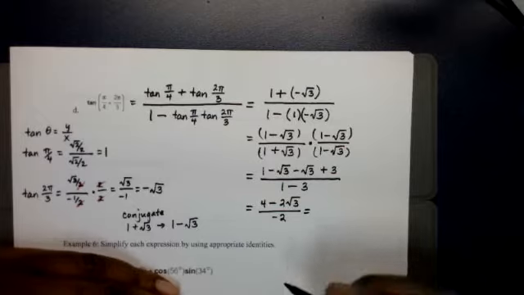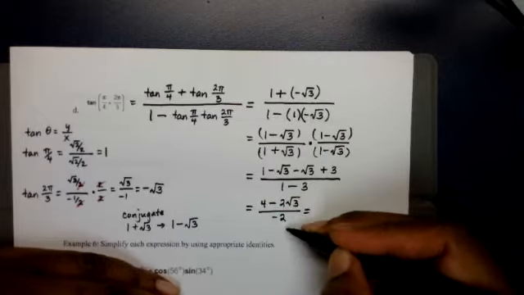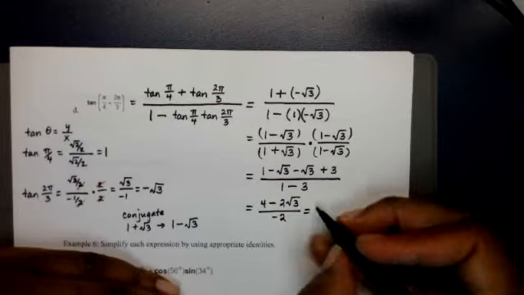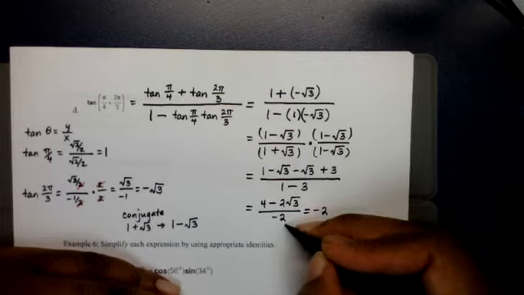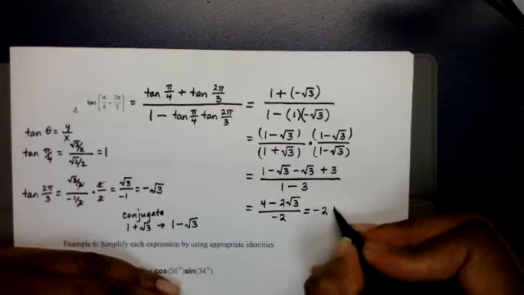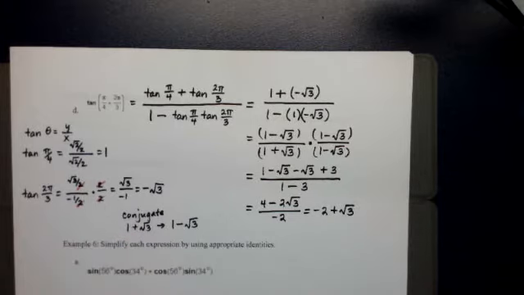Now what I can do is divide each and every term in the numerator by negative 2. Here 4 divided by negative 2 is negative 2. Negative 2 square roots of 3 divided by negative 2 will just leave me with a plus square root of 3. So in this case here, my final answer there will be negative 2 plus square root of 3.